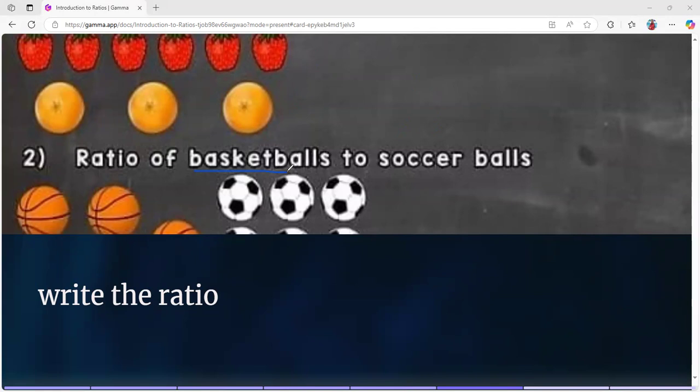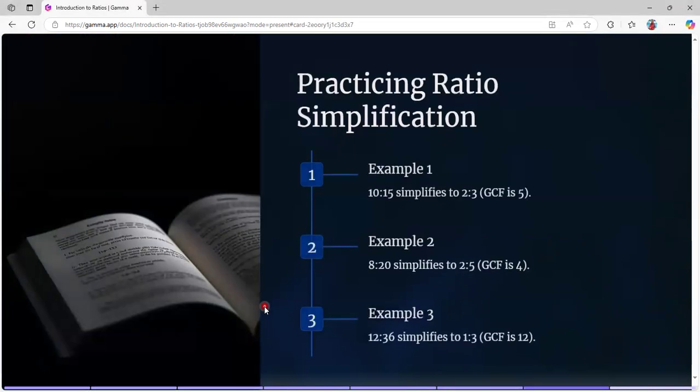We have 3 basketballs. So 3 to how many soccer balls? There were 6. 3 to 6. And this is the correct order of ratio. Okay, so I think now you know the meaning of ratio.